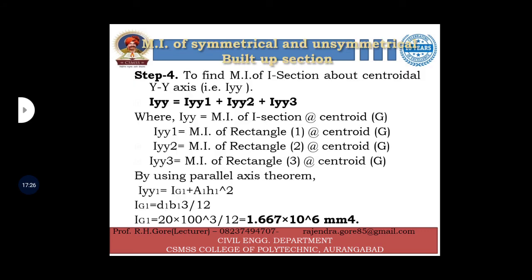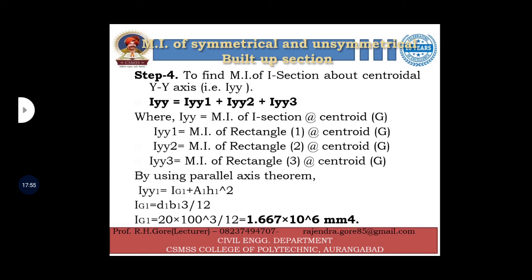So same way, to find out the moment of inertia of I section about vertical centroidal axis means Iyy. Iyy is Iyy1 plus Iyy2 plus Iyy3. So same way, Iyy1, 2 and 3 is moment of inertia of rectangle 1, 2 and 3 about the centroidal axis of I section.